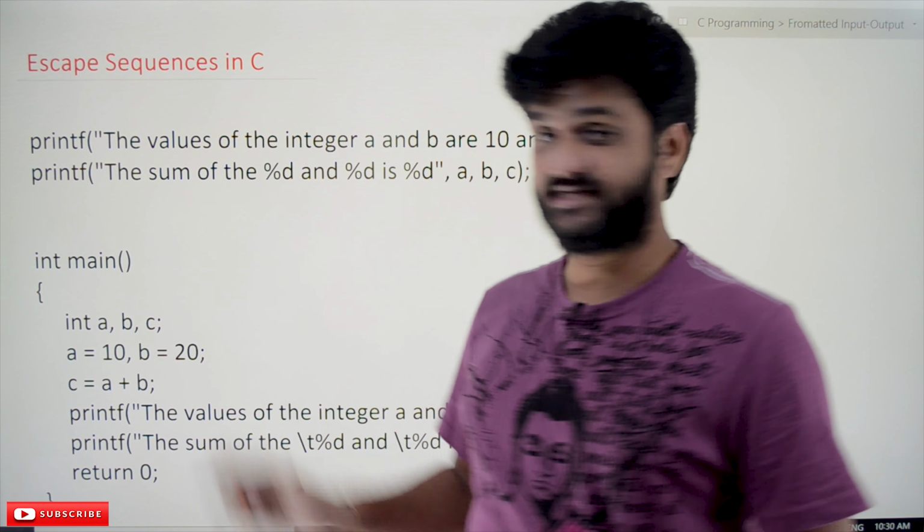From there the execution will continue. For example, if we have some text after the \n, we immediately move to the next line, and the remaining text after the \n will be printed on the next line. That is the job done by \n, which is an escape sequence.